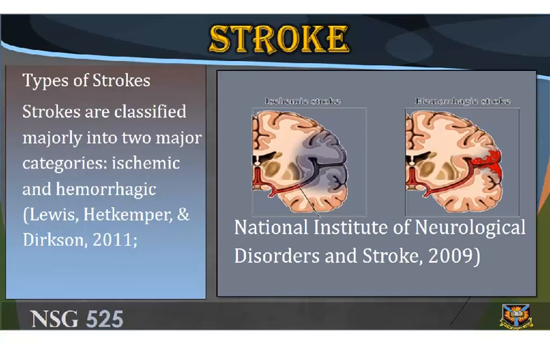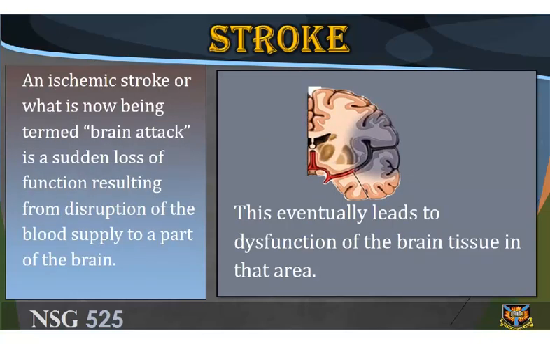Types of strokes. Strokes are classified into two major categories: ischemic and hemorrhagic. Lewis, Kemper and Dixon, 2011. National Institute of Neurological Disorders and Stroke, 2009. An ischemic stroke, or what is now being termed brain attack, is a sudden loss of function resulting from disruption of the blood supply to a part of the brain.